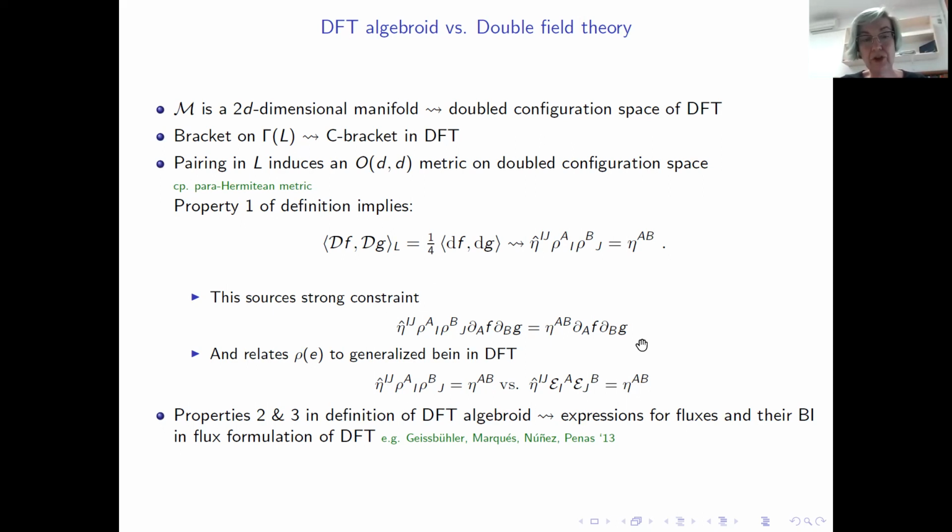Moreover, if you use properties 2 and 3 of the definition, the Leibniz rule and compatibility in the DFT algebroid, and using, of course, the bracket I showed you before, you can show that the fluxes of double field theory and their Bianchi identities are contained in these properties.